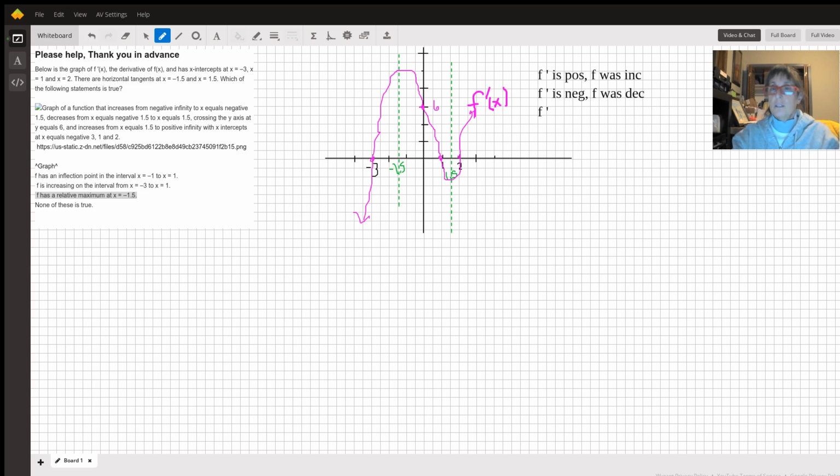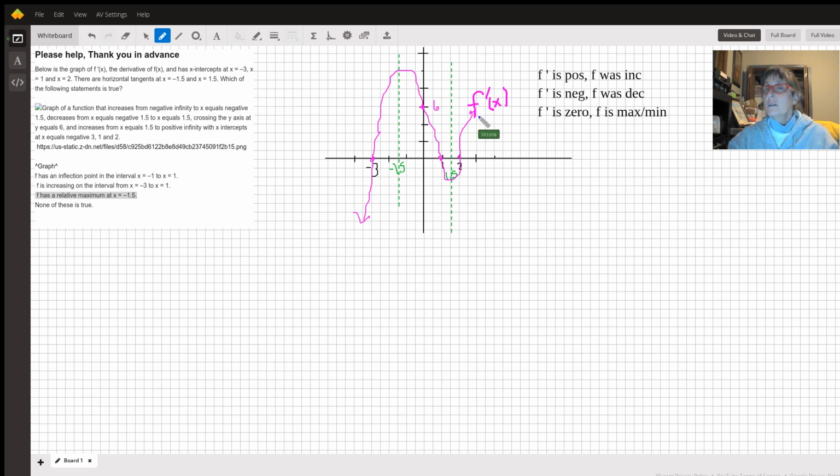And if it's 0, then that means that f is either a max or a min. Okay? So we know those things. Now, let's start over knowing these things and get some things known about the second derivative.